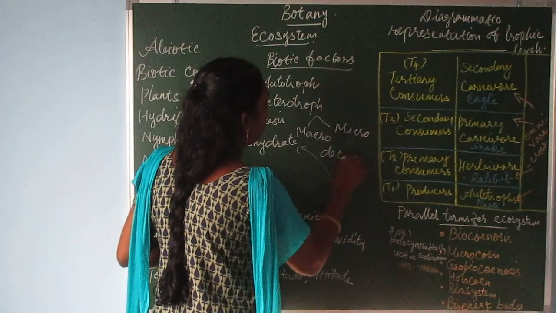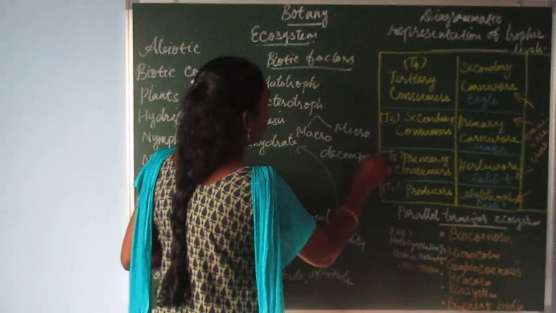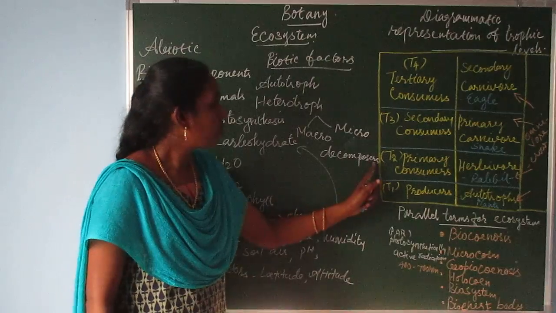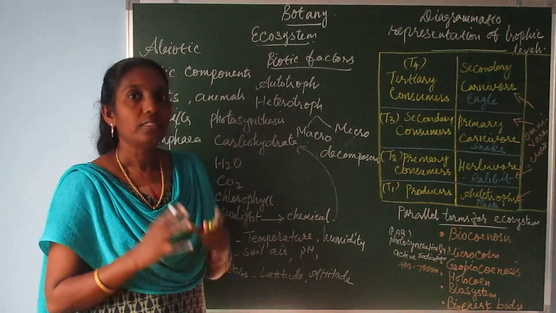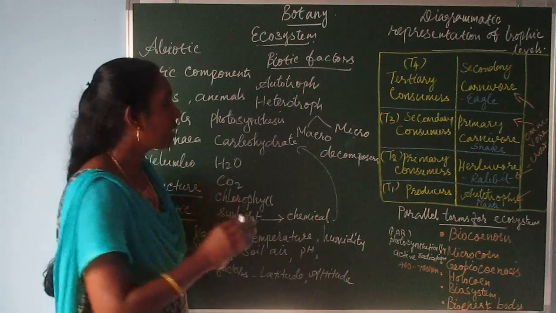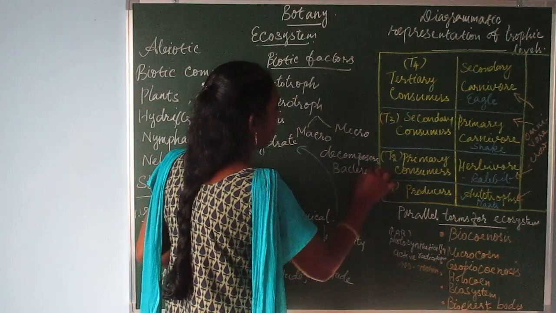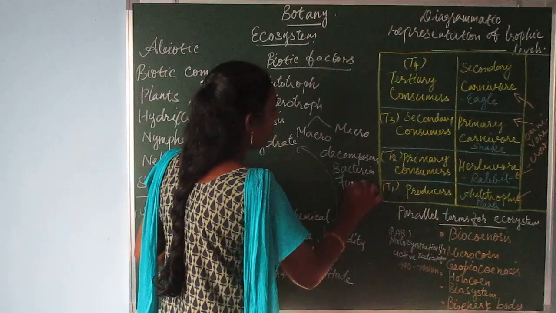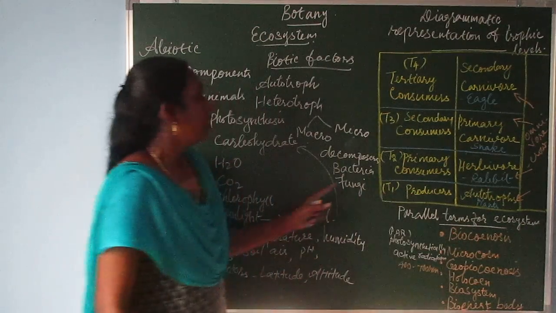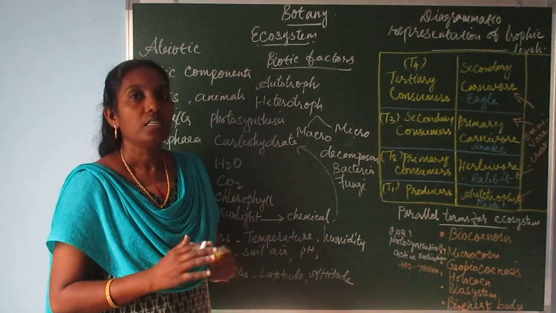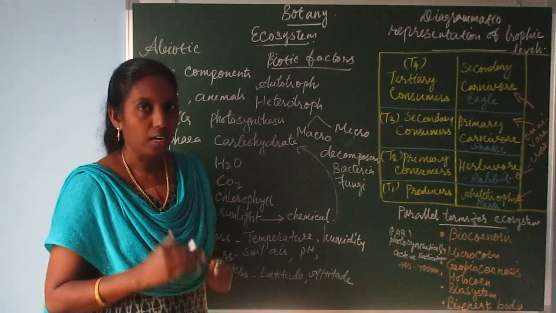Decomposers. What are decomposers? They are the bacteria and fungi. Mainly bacteria and fungi are decomposers. These organisms decompose the plants as well as animals.